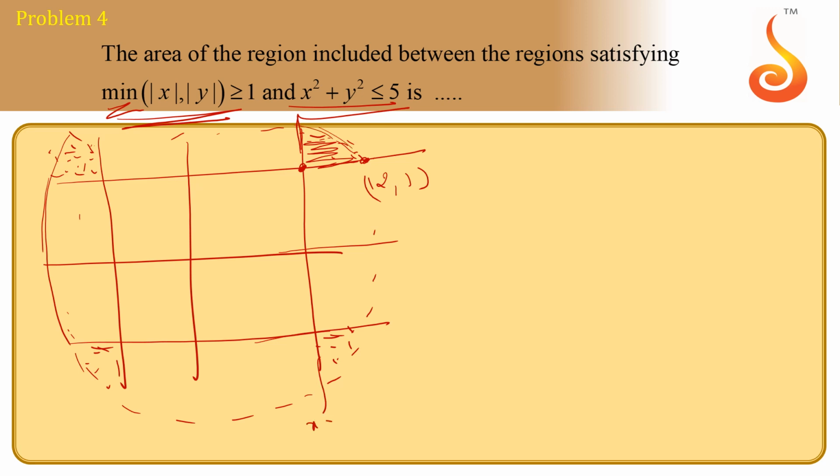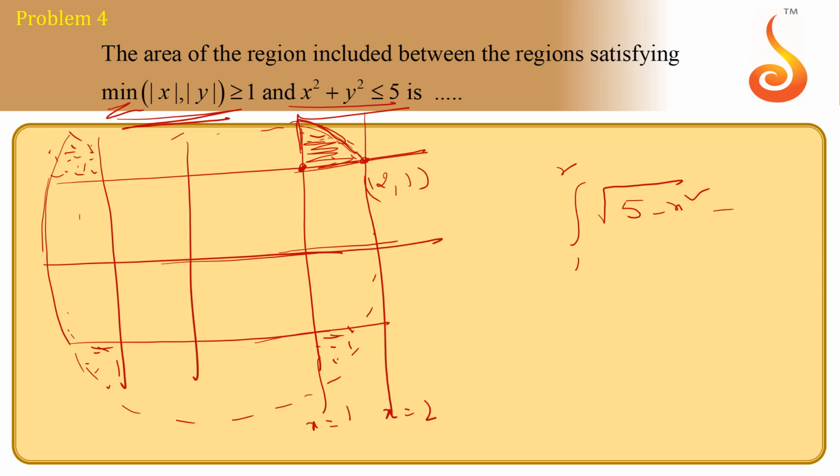So this is x equals 1 to x equals 2. So 1 to 2, and if you convert that as a function, 5 minus x square, so this way we will get this circle area with respect to the x-axis, minus 1 dx, because that line is y equals 1, so minus 1 dx if I do, and 4 times if I do that, I'll get the area.